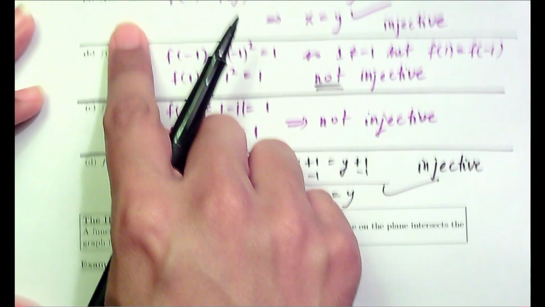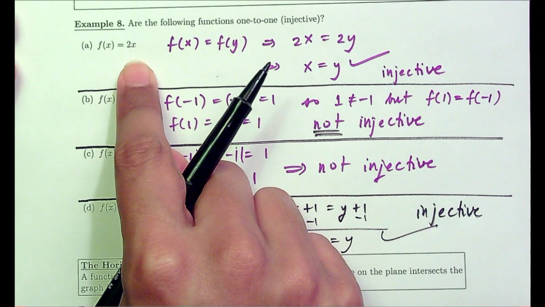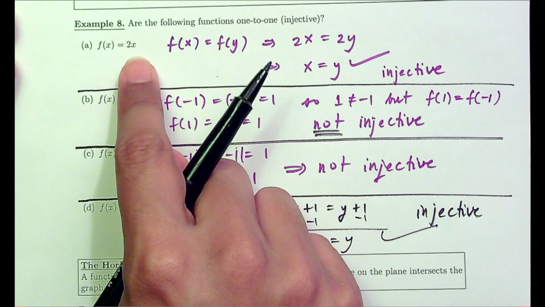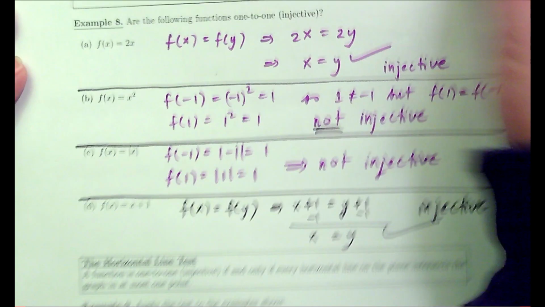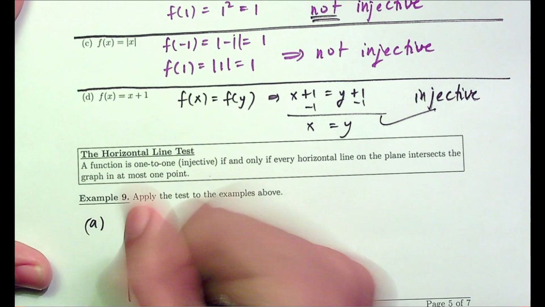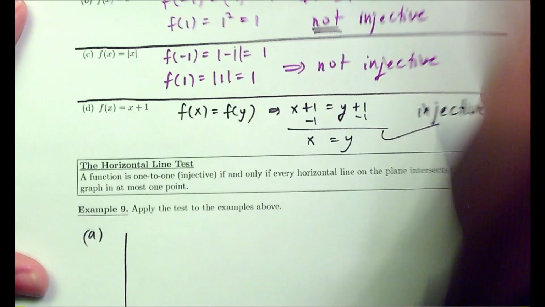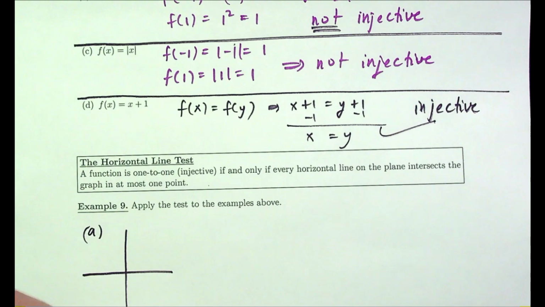So for A, you should be able to immediately think of the graph of this, which is a line. That is the graph of a line. It's a linear function. And actually the slope is positive, so that means it rises instead of falls. So the graph of this could be something like that.